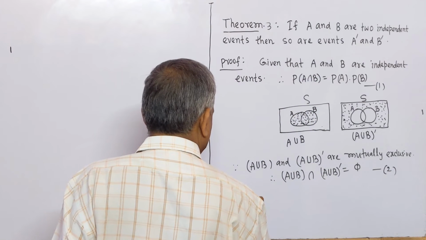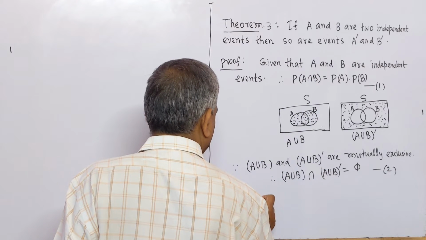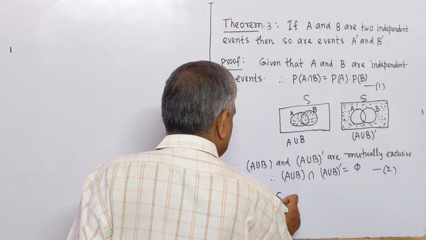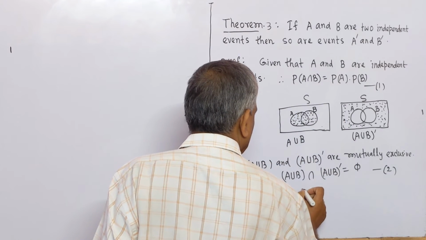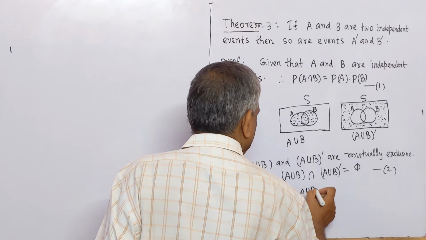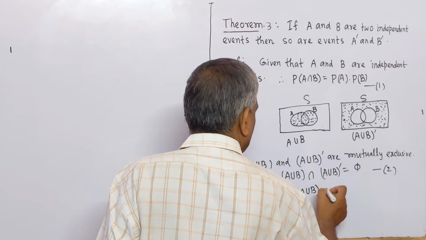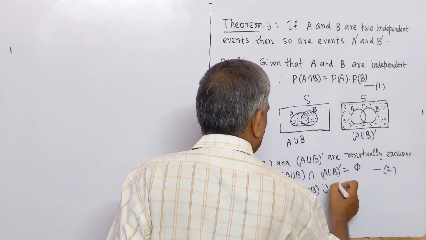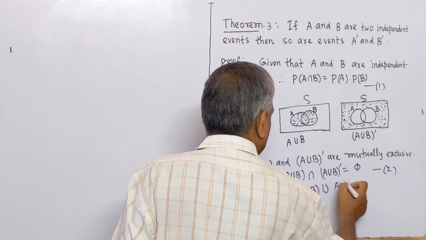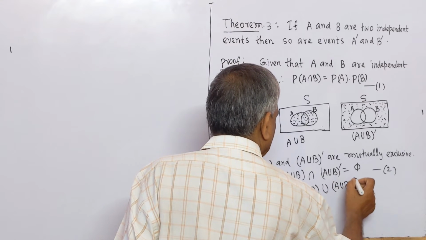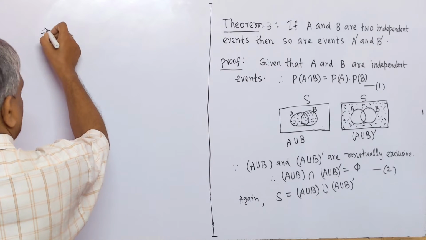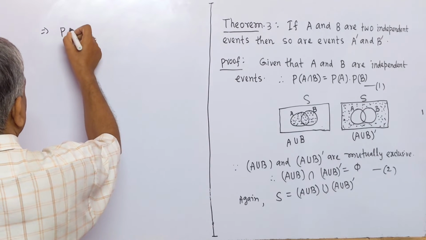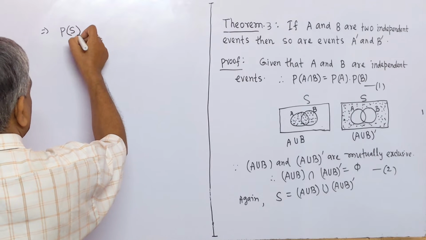Again, S, the sample space, equal to A union B union complement of A union B implies that we write probability on both sides.